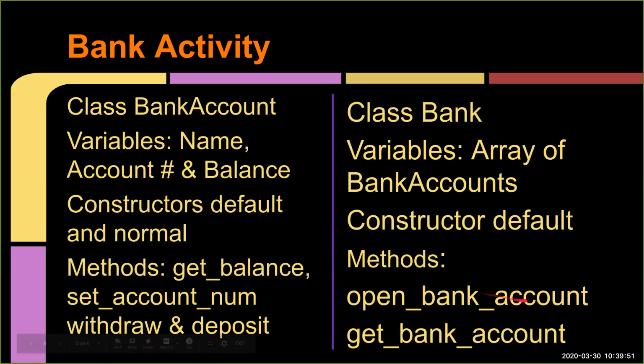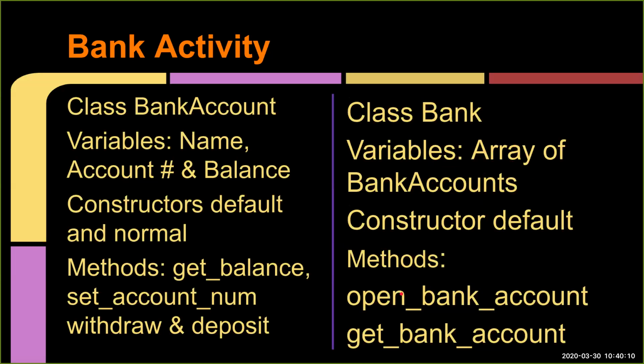That way you can reference your own bank account. So maybe open bank account returns a bank account number, and then get bank account goes and accesses that spot in the array of bank accounts and then returns that element, or returns that item.